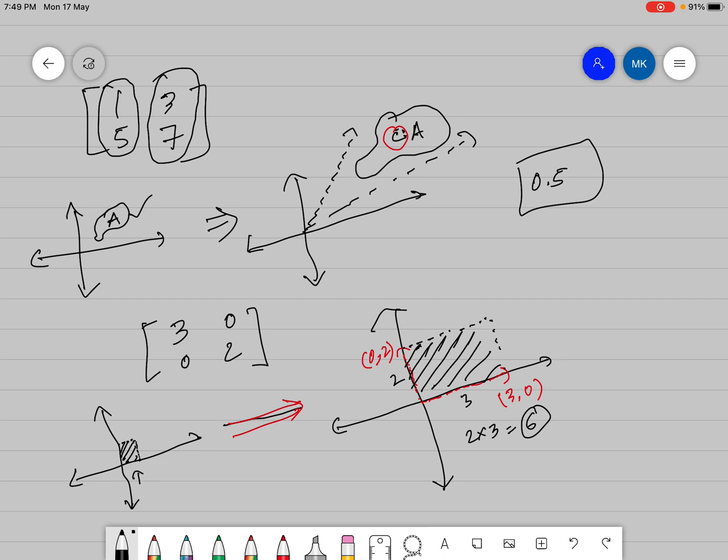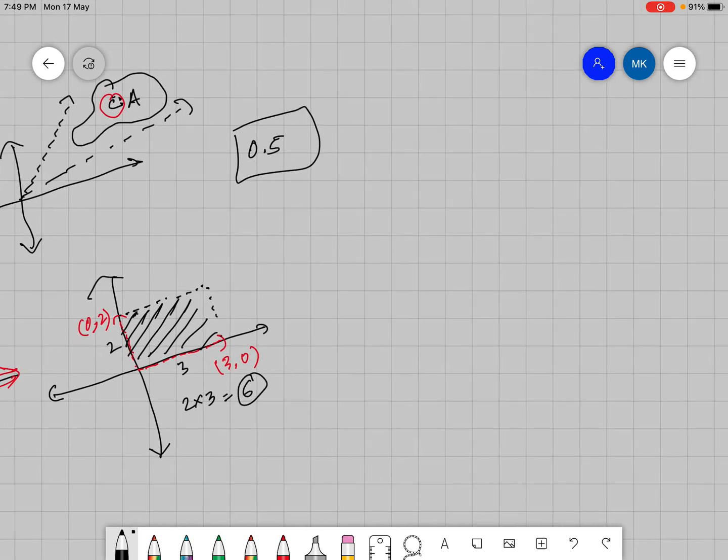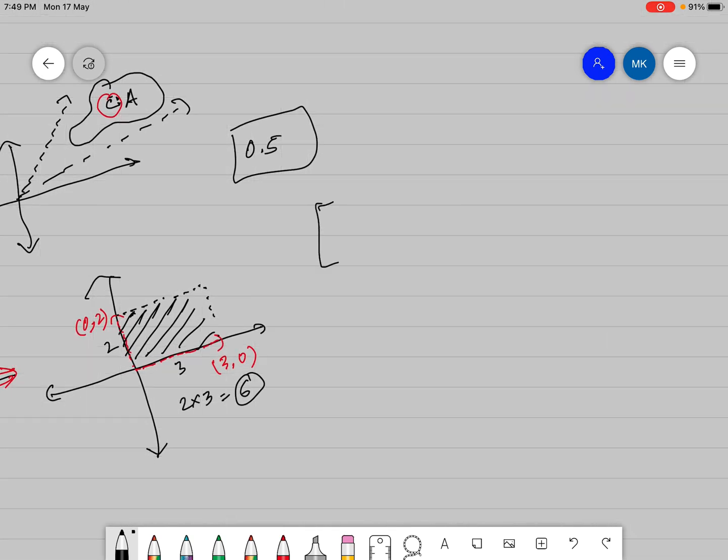The area is squeezed into a space where any object after the transformation is half of the size of the previous state of transformation, right?